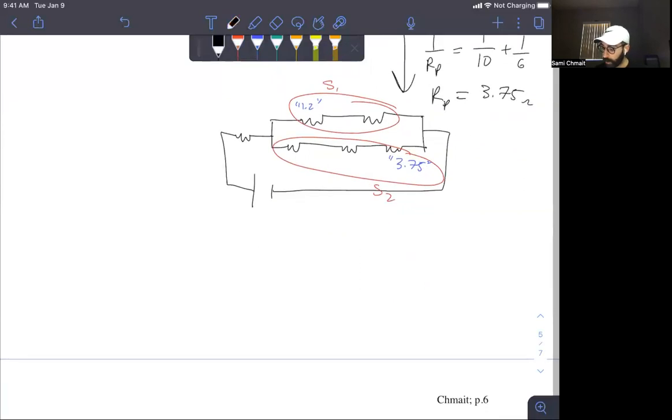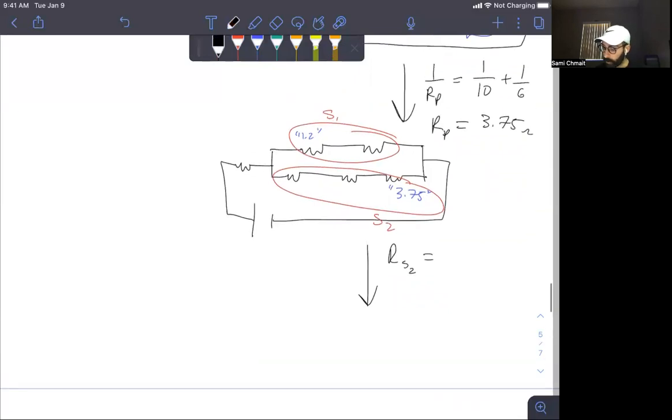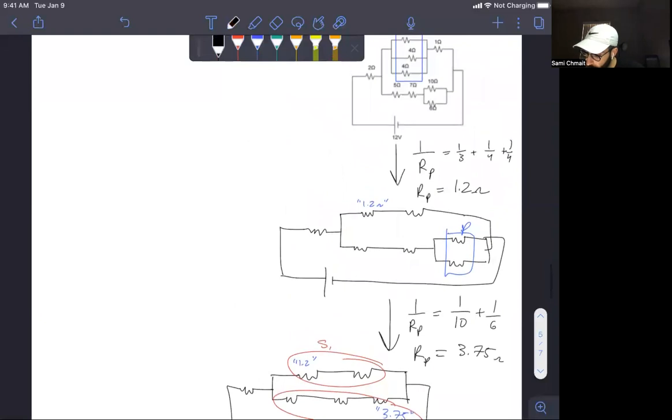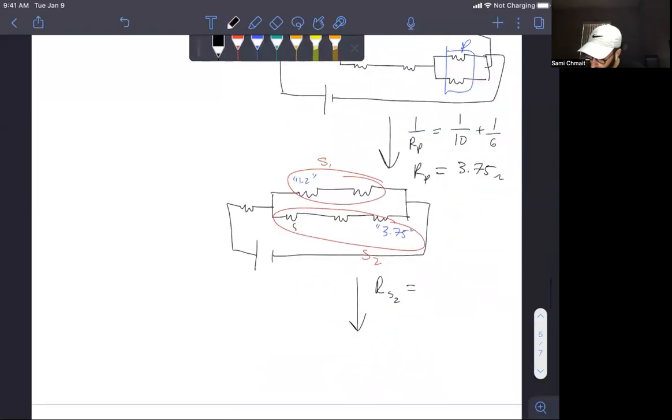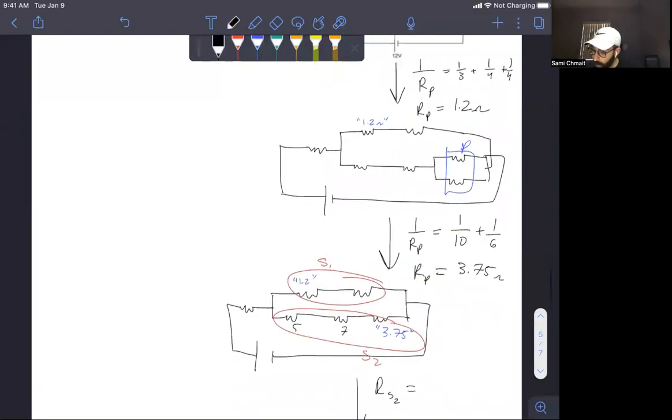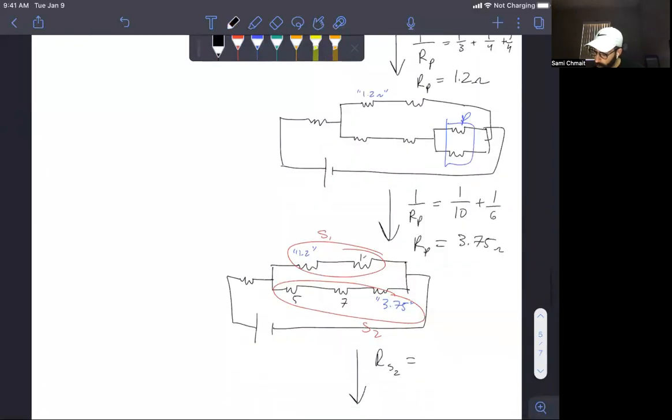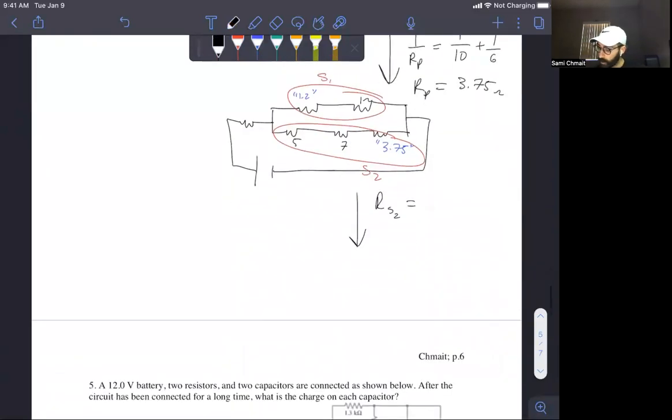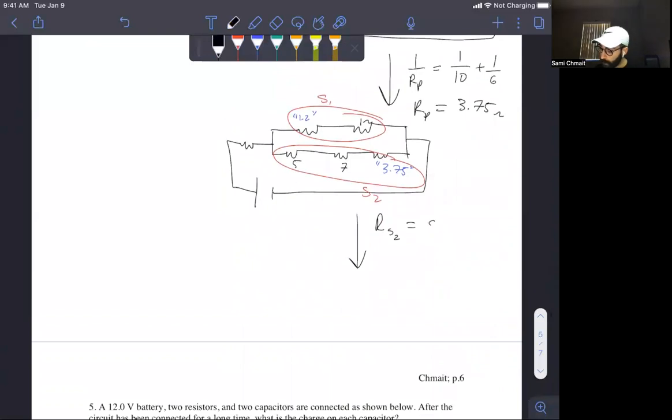So when I clean this up, I'm going to say RS2, and that's going to be equal to the sum of, I think this one was, let's see, 5 and 7 ohms, and this last guy over there was 1 ohm. We can just do this double whammy action: 5 plus 7 plus 3.75.